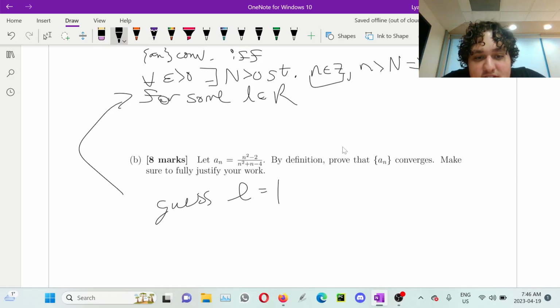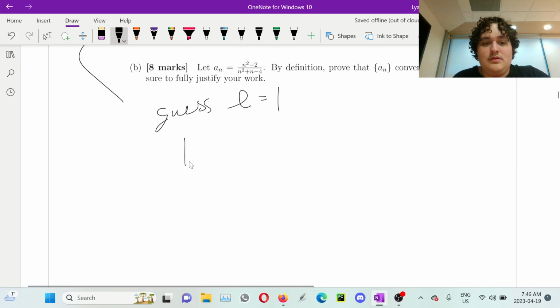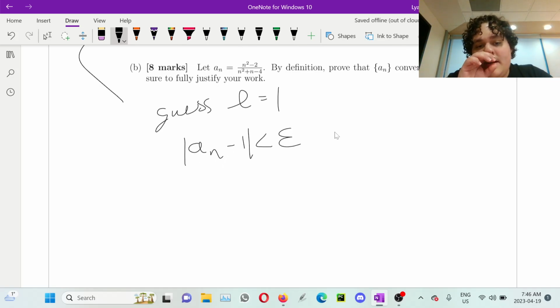As n approaches infinity, the non-biggest terms will become irrelevant, and it's going to just be n squared over n squared, which is 1, right? So I have to show that |a_n minus 1| can be less than any epsilon I want.